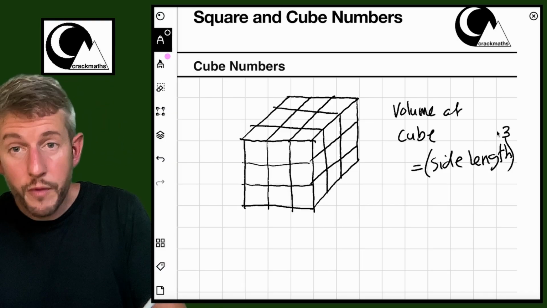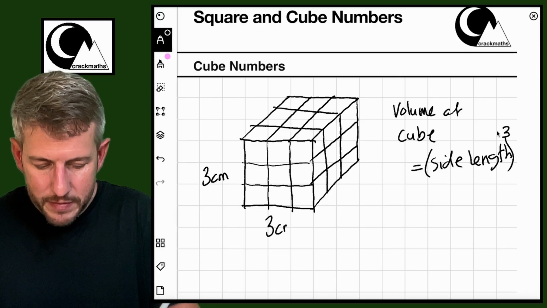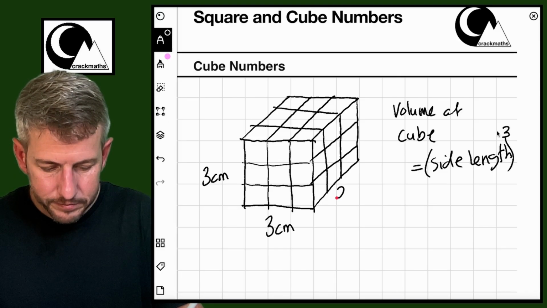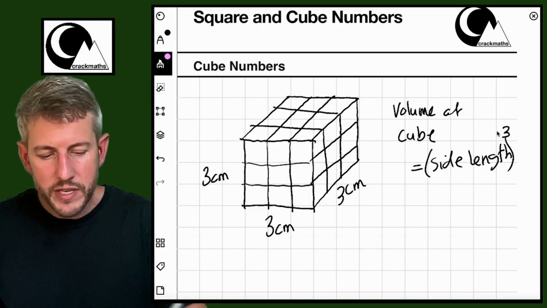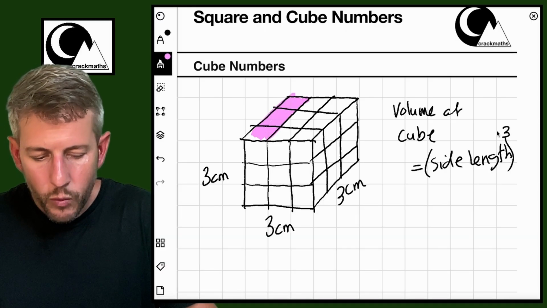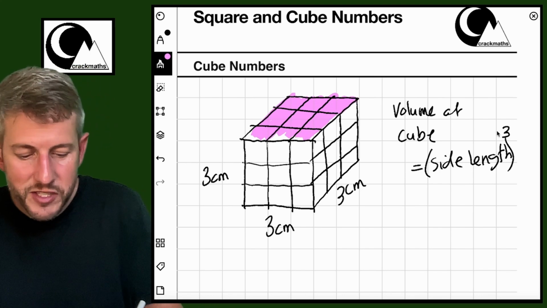So let's say with this cube that we've got, this is 3 centimeters, this is 3 centimeters, and this is 3 centimeters. What we can see is if we do the 3 by 3, we get the 9 squares at the top. So that's the square number, the 9.